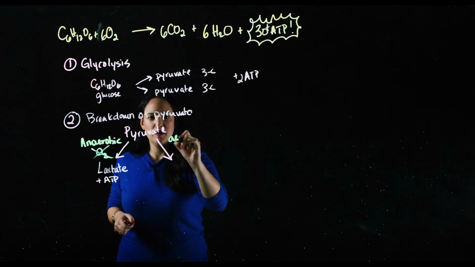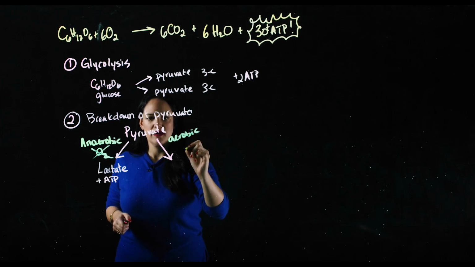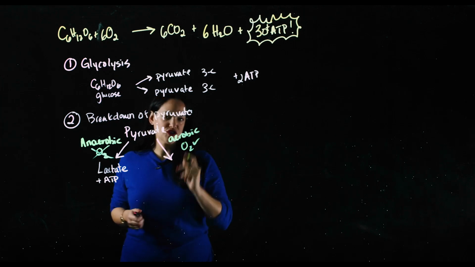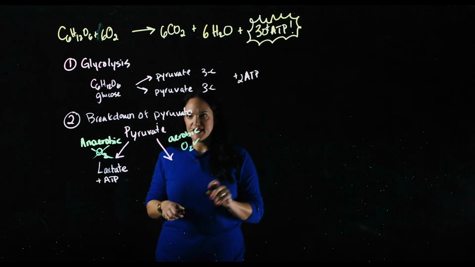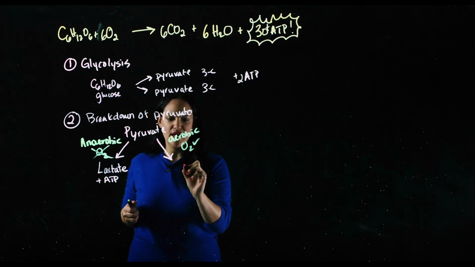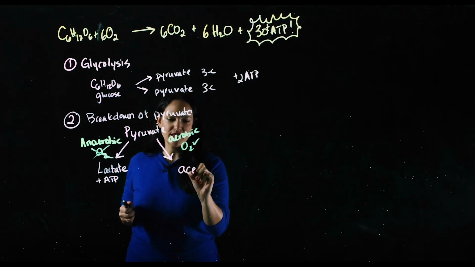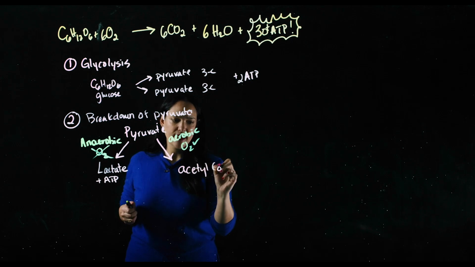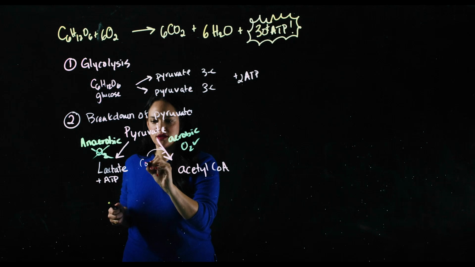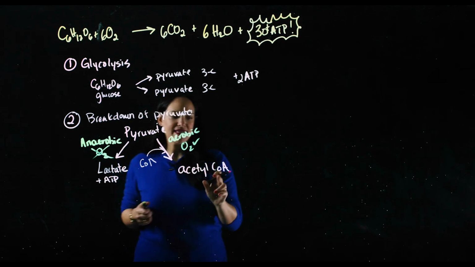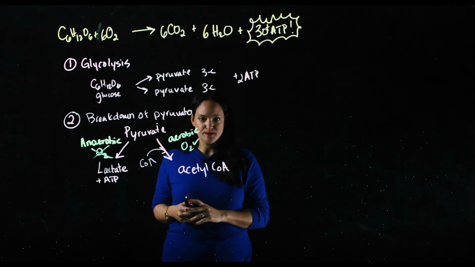So I'll write aerobic. Okay, so there is enough oxygen available to meet the needs of the body. And in this case, pyruvate is broken down into something called acetyl-CoA. Okay, coenzyme A enters the equation, and I can make something called acetyl-CoA.